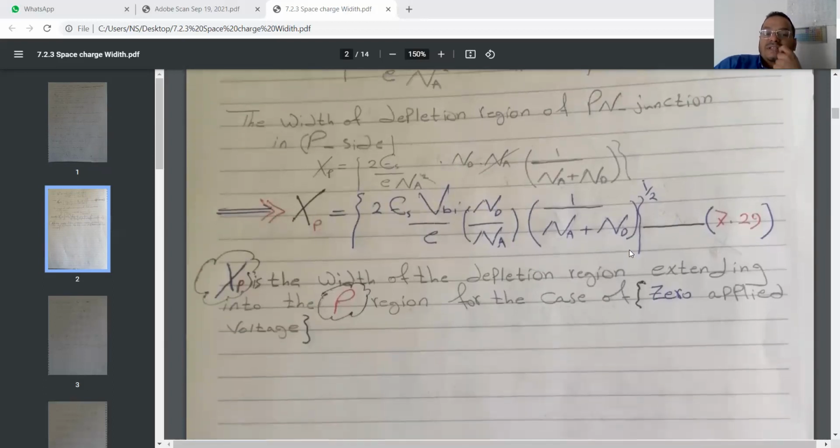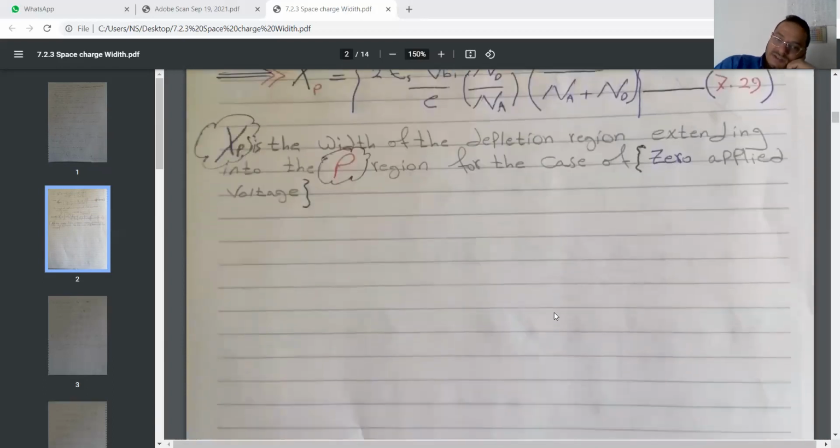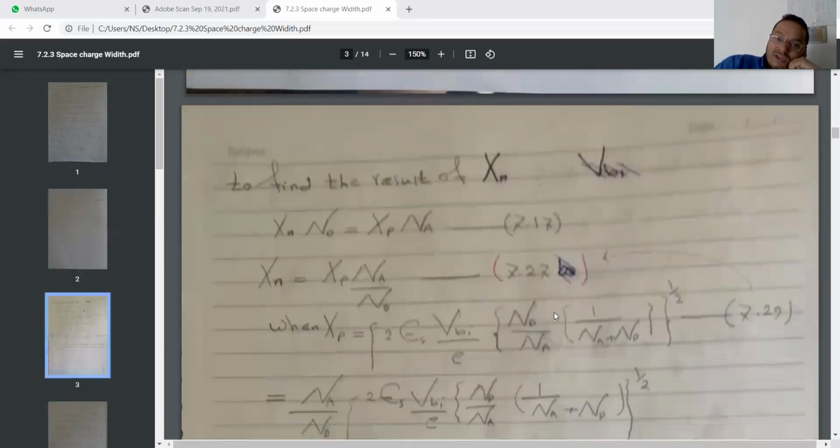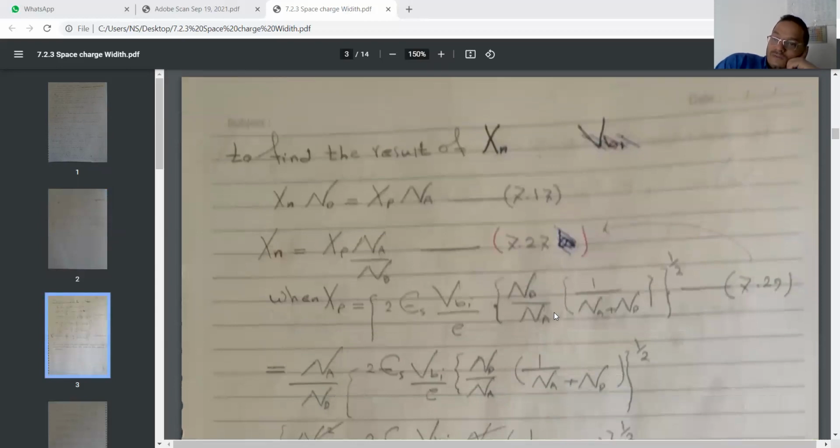Like we know here, XP is the width of the depletion region extended into the P region, but here we're dealing with an important condition. This condition is that we're dealing with zero applied voltage between the P side and the N side. Let's keep going to find the result for the width in the N region.